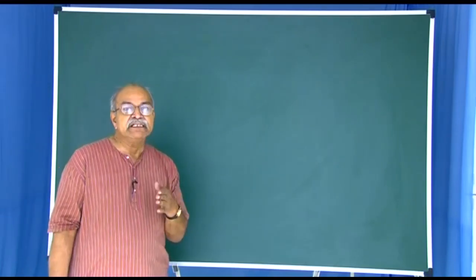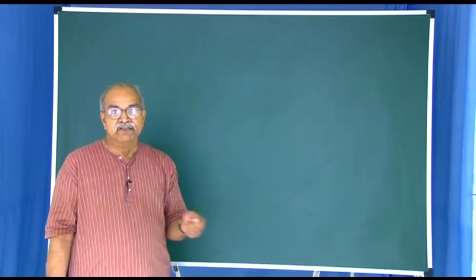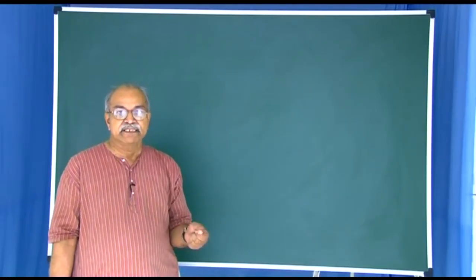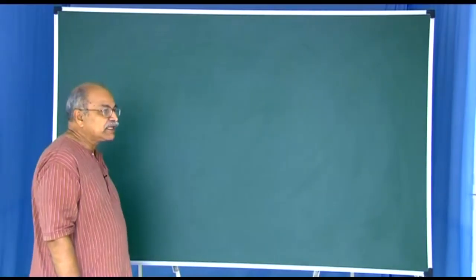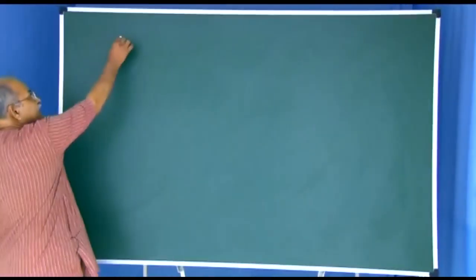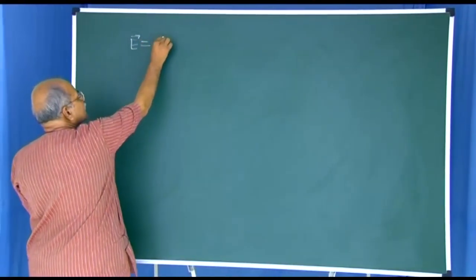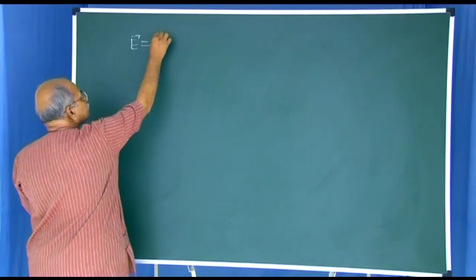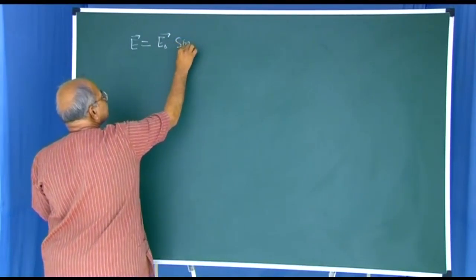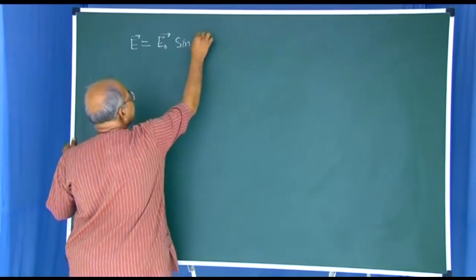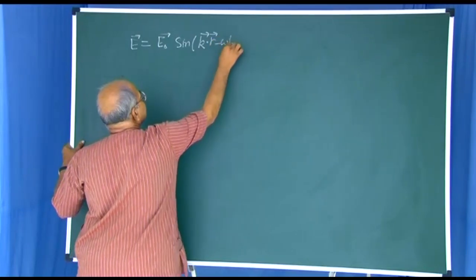The wave is generally described in terms of electric field, because once you know the electric field, you can always calculate the associated magnetic field. And if you write an equation for that, electric field you can write as E equals some E naught in some direction, and then sine or cosine, and K dot R minus omega t.